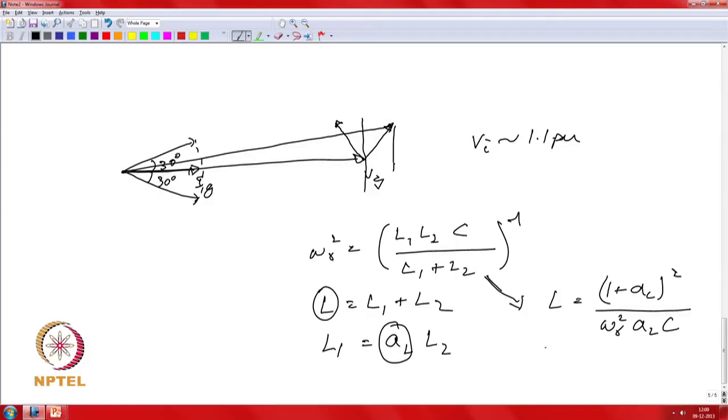So you can then look at this particular expression, which is the constraint between the value of L, AL, omega r and C, and look at a few minimizations. Okay.